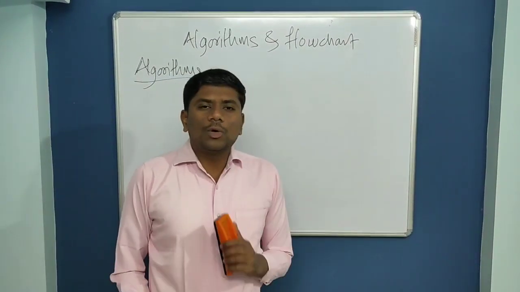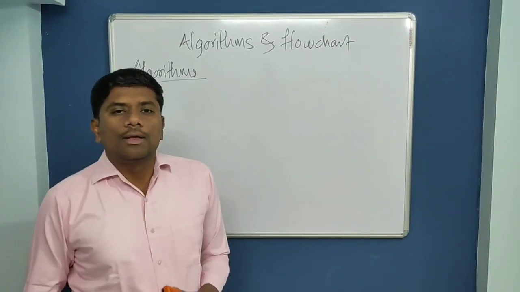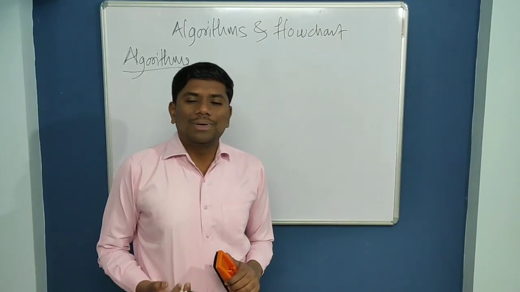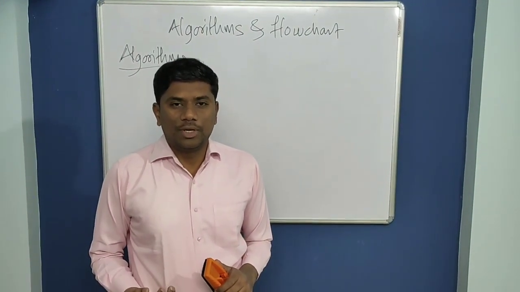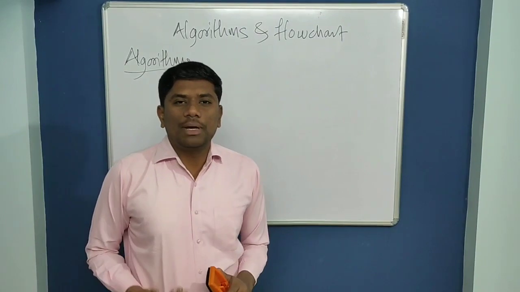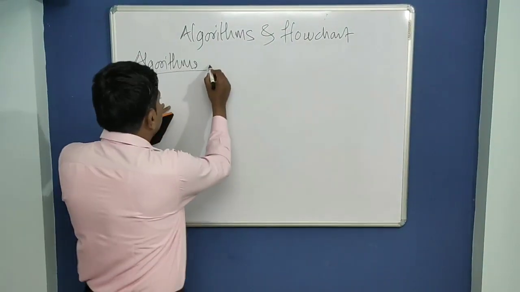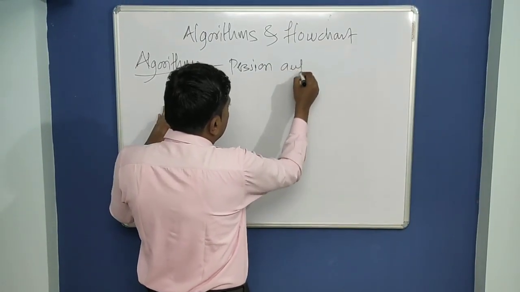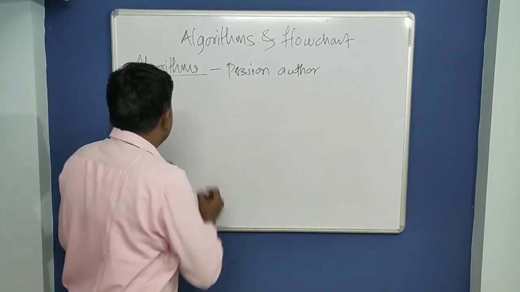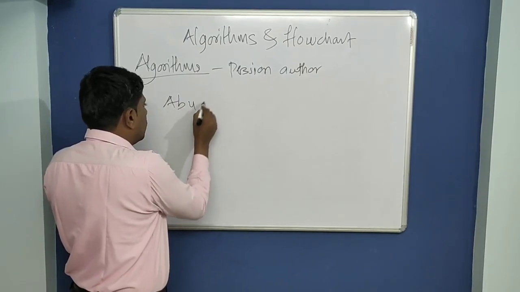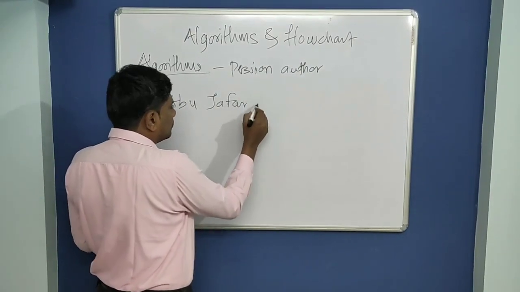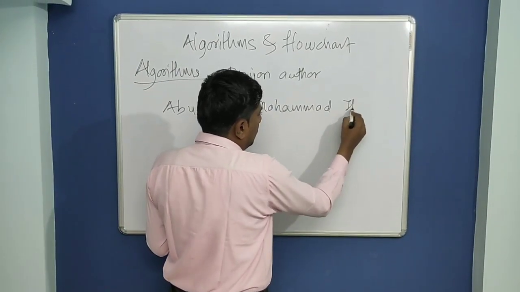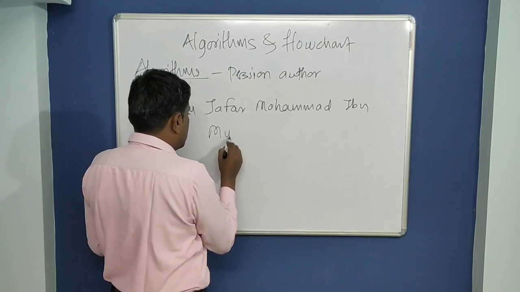The term algorithm was coined by a Persian mathematician whose name is Abu Zafar Muhammad ibn Musa al-Khwarizmi.